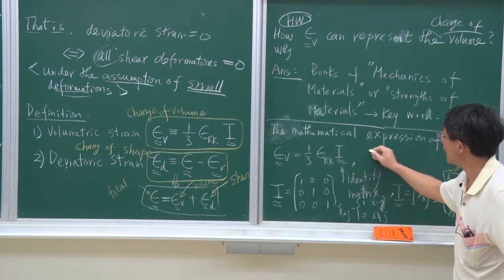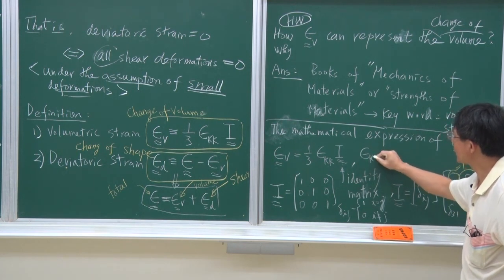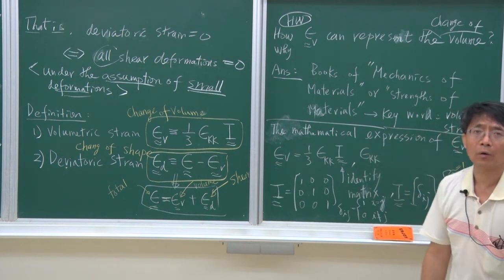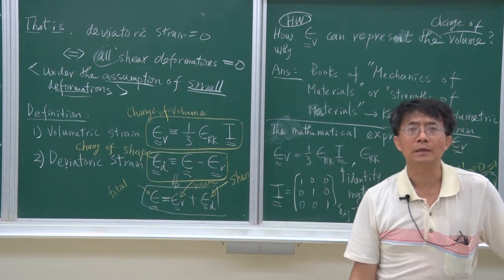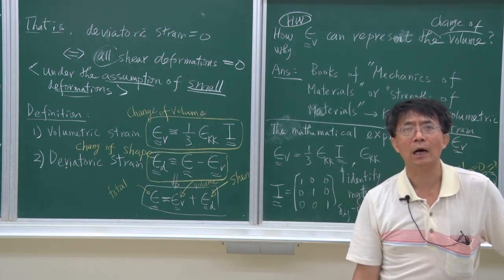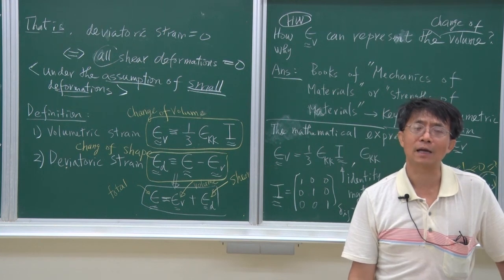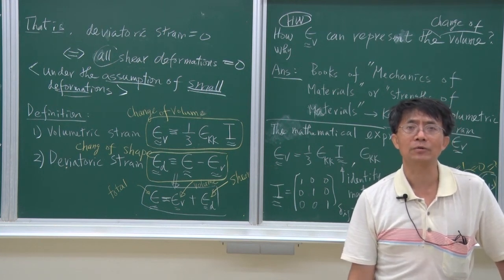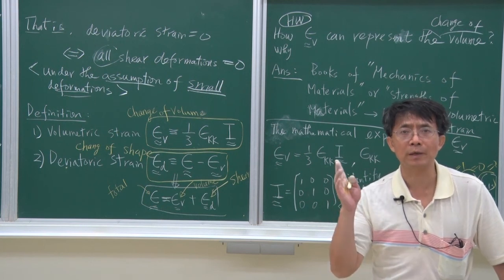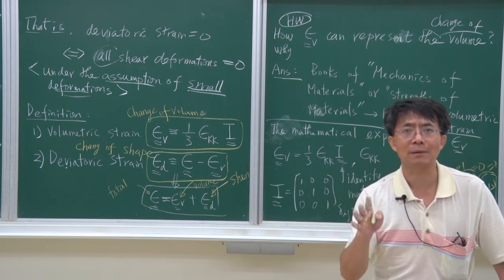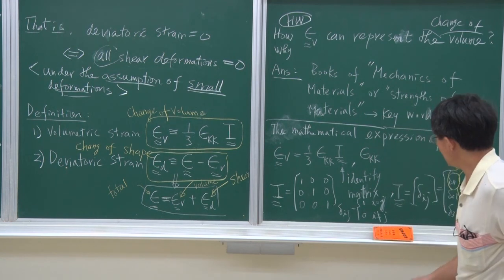Now, what is epsilon kk? As I had already explained to you, it is an expression in terms of the Einstein notation. What is the Einstein notation? Einstein notation tells us that when an index is repeating itself, then we should sum over it. Okay, what do you mean?